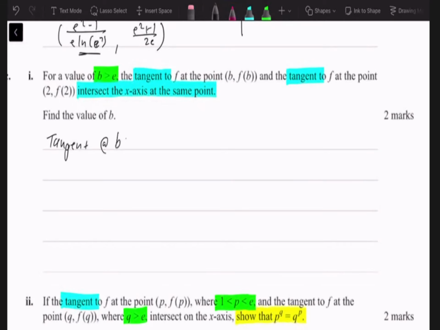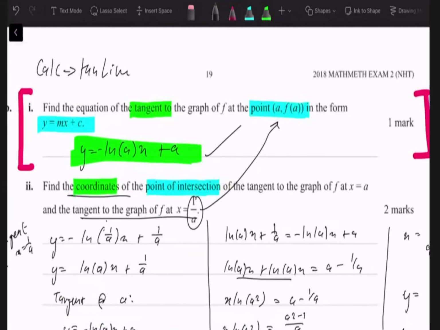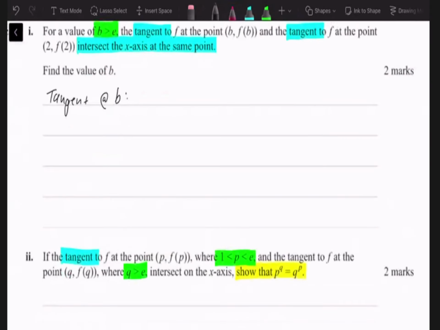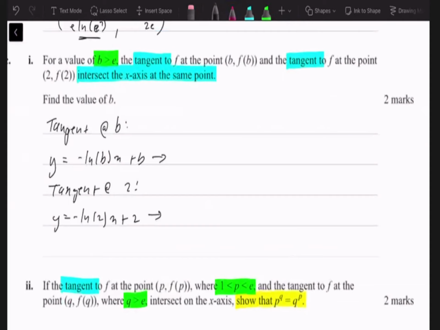So the tangent at b, again, this is why this is so important, because we're going to use that again here by subbing a is b, so ln b x plus b, and tangent at 2 is y equals negative ln 2x plus 2. So since they're going to intersect the x-axis at the same point, they're going to have the same x value. So I'll just rearrange these to find them in terms of x.